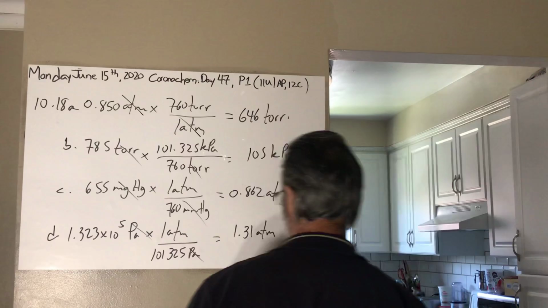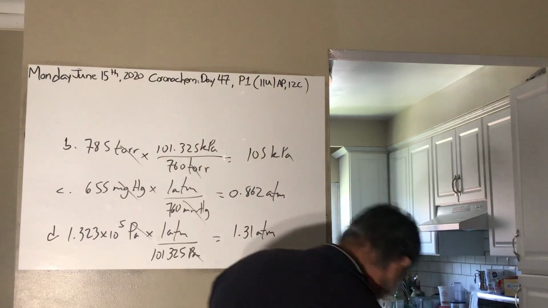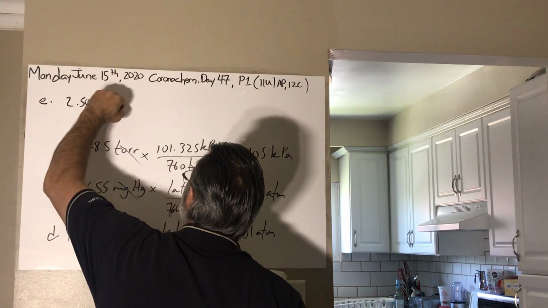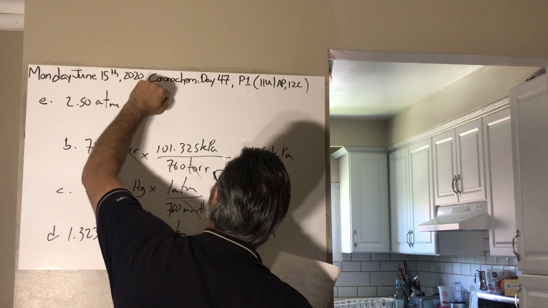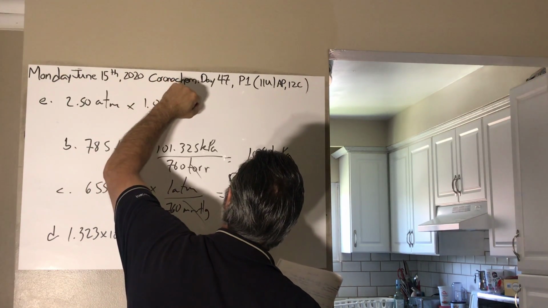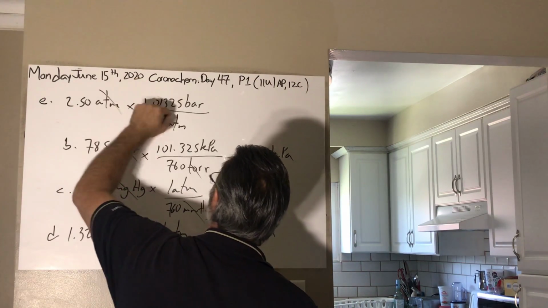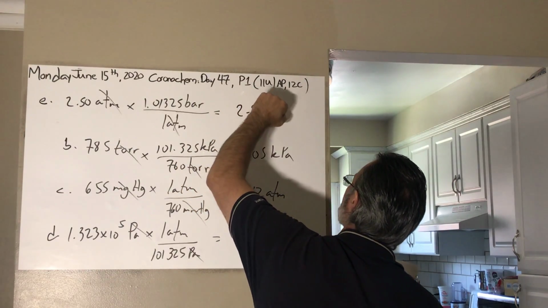The last one is E. 2.5 atmospheres times 1.01325 bar per 1 atmosphere allows you to cancel atmospheres, and what you get is 2.53 bar.